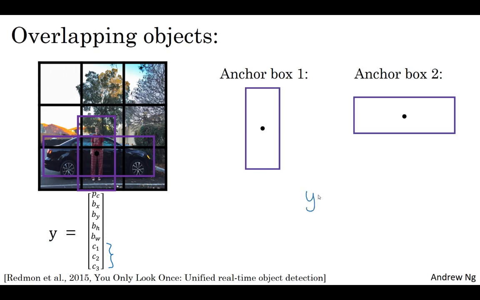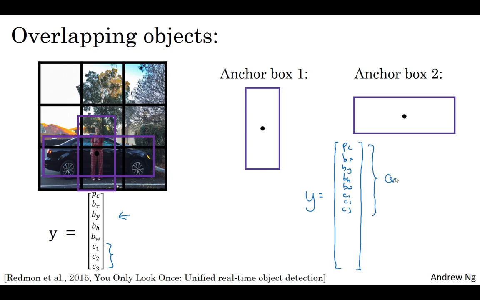So what you do is you define the class label to be, instead of this vector on the left, you basically repeat this twice. So you would have PC, BX, BY, BH, BW, C1, C2, C3, and these are the 8 outputs associated with anchor box 1, and then you repeat that, PC, BX, and so on, down to C1, C2, C3, another 8 outputs associated with anchor box 2.